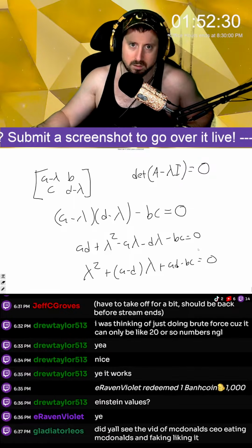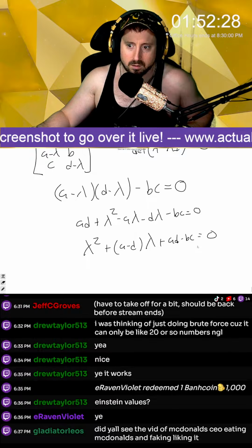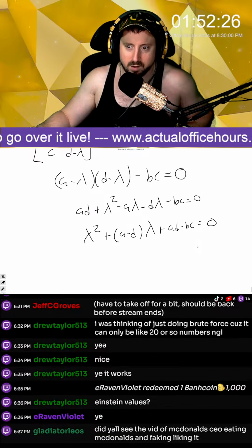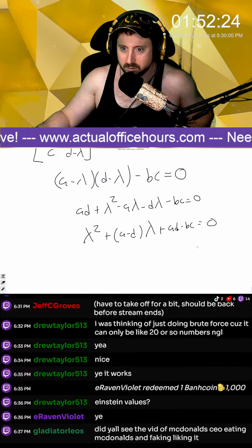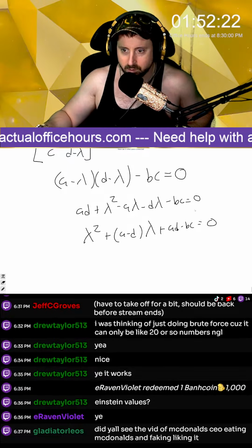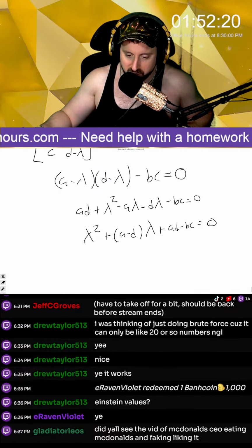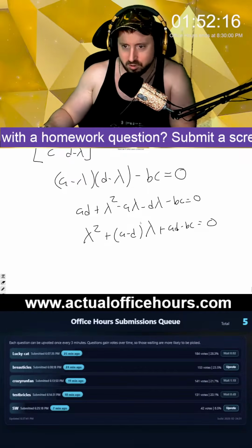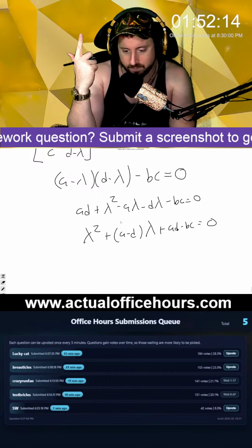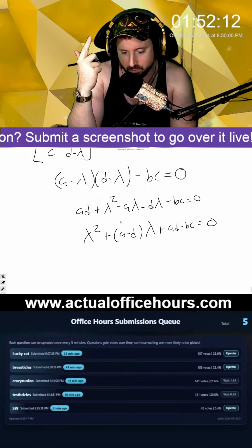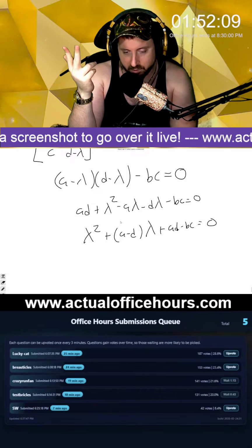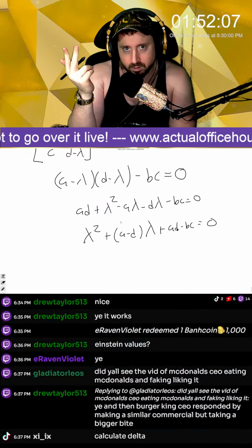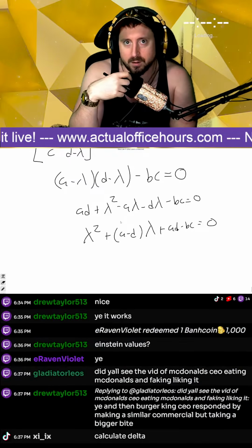And is this like a fun quadratic? Maybe this AD minus BC thing determines how many eigenvalues you can have, because you can either have 2 eigenvalues, one degenerate one, or you could have 0, yeah? Yeah, I believe so.